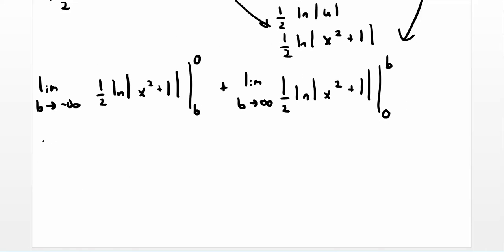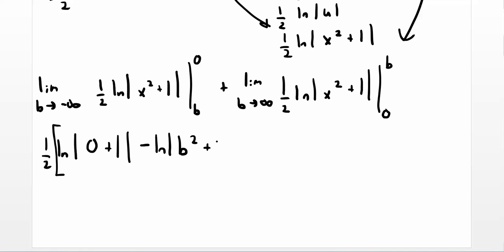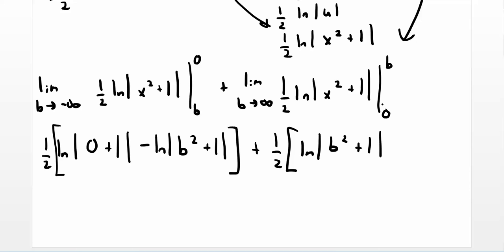Plug in 1/2 natural log of 0 squared plus 1 minus 1/2 natural log of b squared plus 1, plus 1/2, and then plug in over here as well, natural log of b squared plus 1 minus the natural log of 0 plus 1.